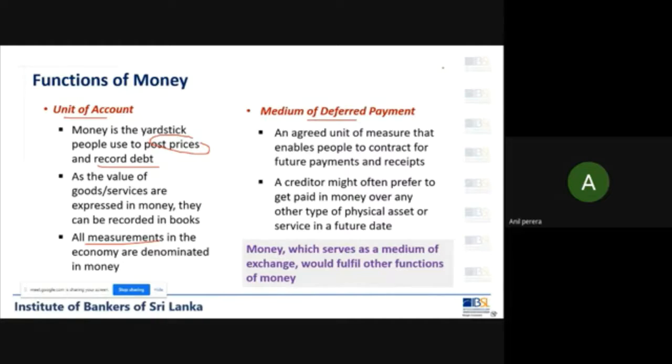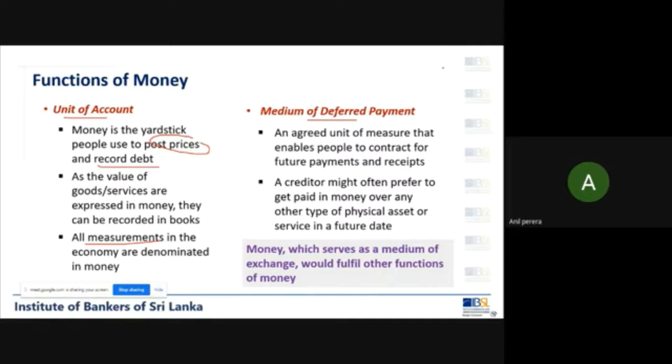If you borrow using a bank loan, you promise to pay the bank in future. If you borrow using a financial instrument, you promise to pay the holder of the instrument in the future, which means the investor. So for that matter, you use money.